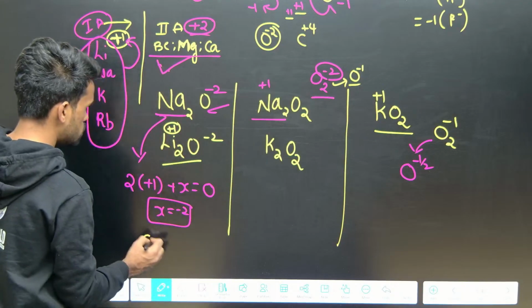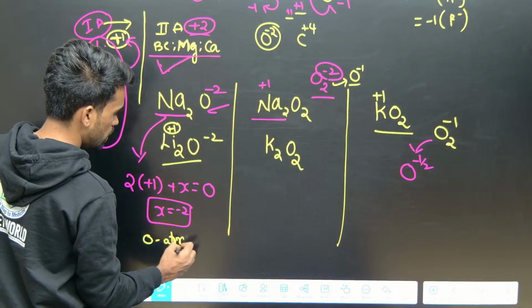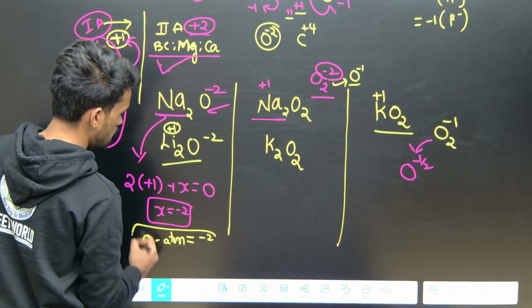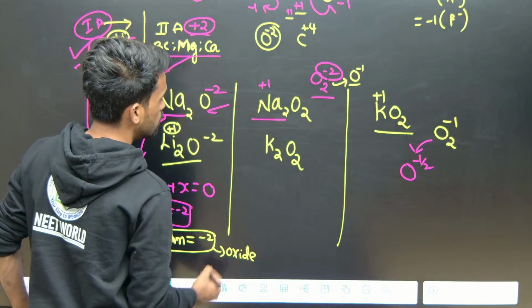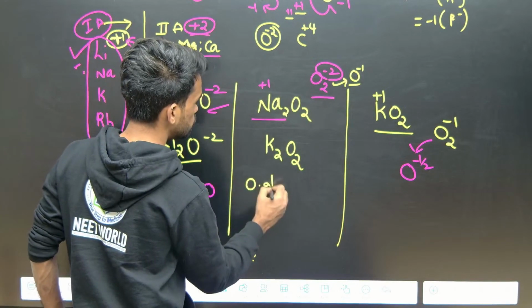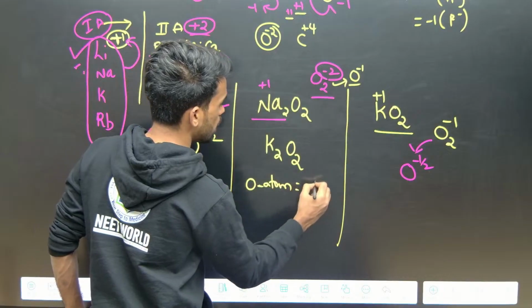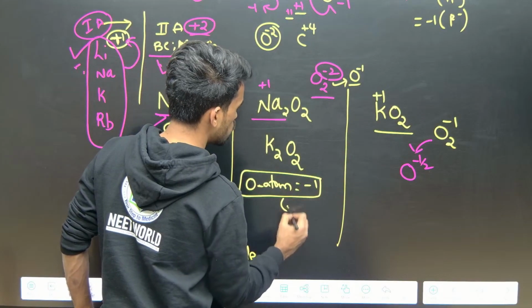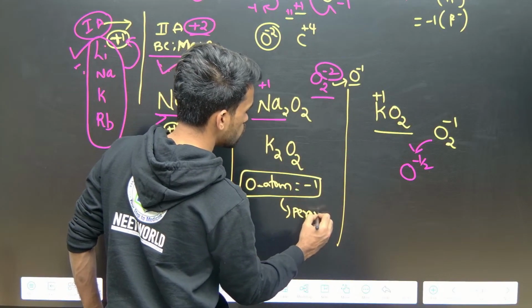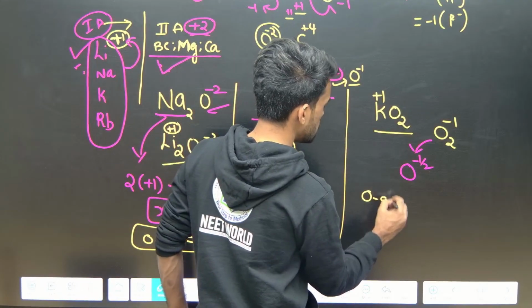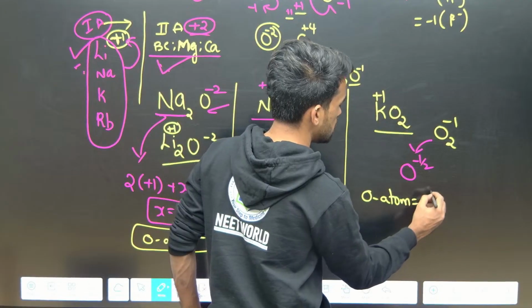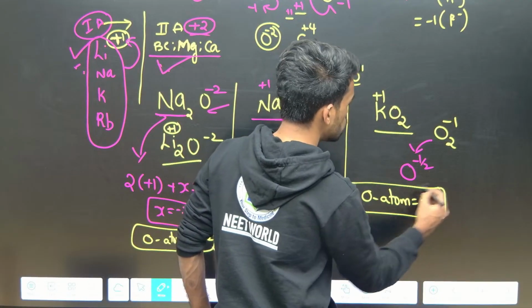Whenever the oxygen atom is in minus 2 oxidation state, you should call it oxide. What should you call? Oxide. Whenever the oxygen atom is in minus 1 oxidation state, you should call it peroxide. How do you call? Peroxide. Whenever the oxygen atom is in minus 1/2 oxidation state, you should call it superoxide.